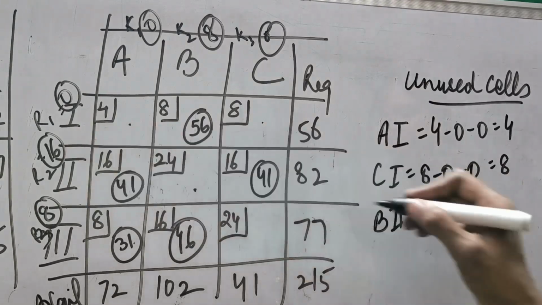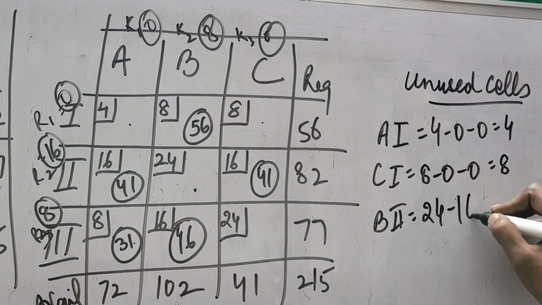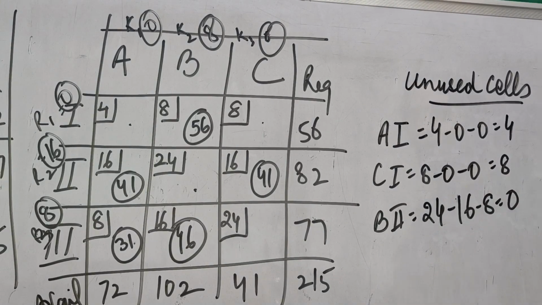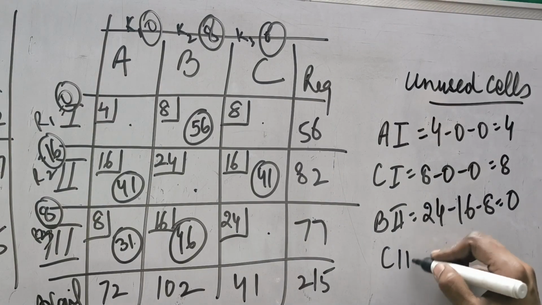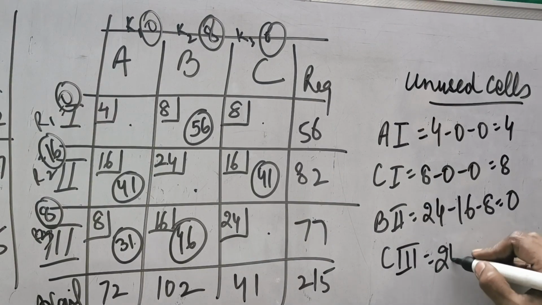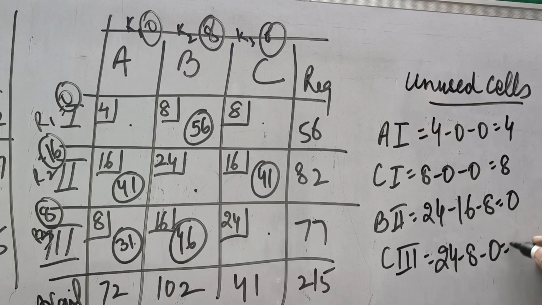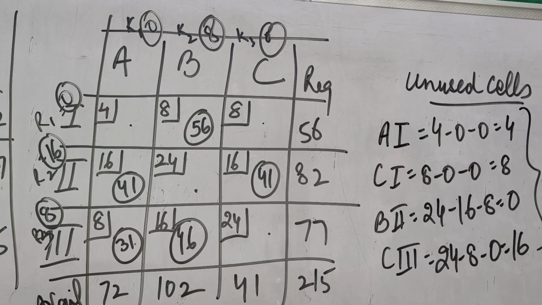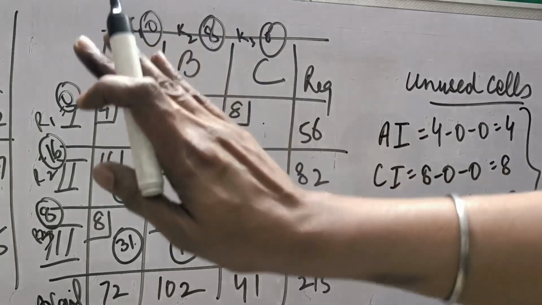Value will be 24 minus 16 minus 8. Answer will be 0. And again this is the unused cell, that is C3 and value will be 24 minus 8 minus 0, 16. So now we can see all the 4 values have become non-negative. It means we have reached the optimal solution stage.